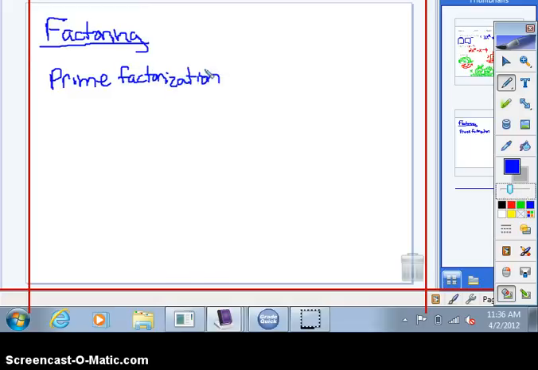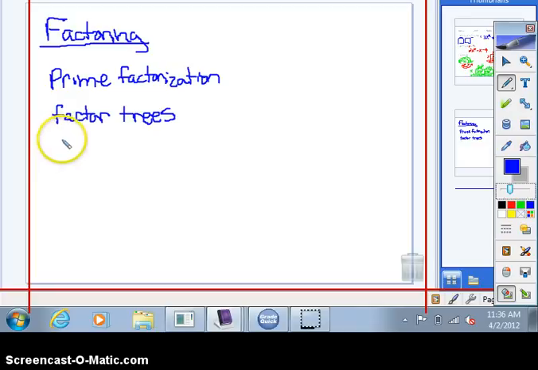Anybody have something else that deals with factoring that you can think of? Okay, we have done factor trees. Factor trees actually allow us to do prime factorization. Anybody else have something?